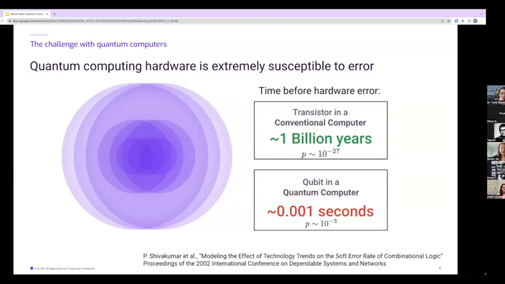The process of noise interfering with the quantum hardware system and the physical qubits on the device is called decoherence. And decoherence basically results in the information that's being stored in the system becoming randomized or not useful to us anymore. Environmental noise can result from a lot of different factors.